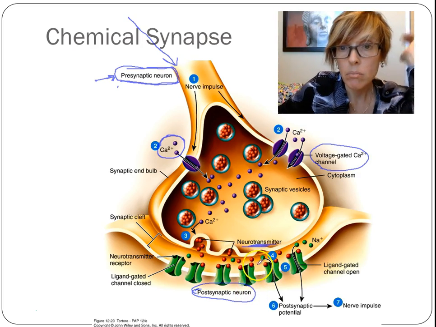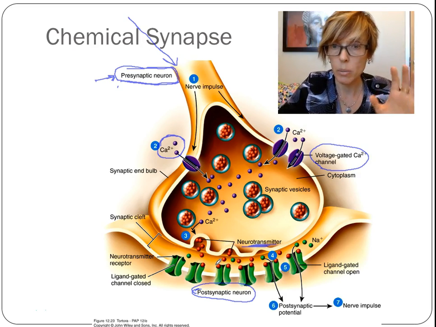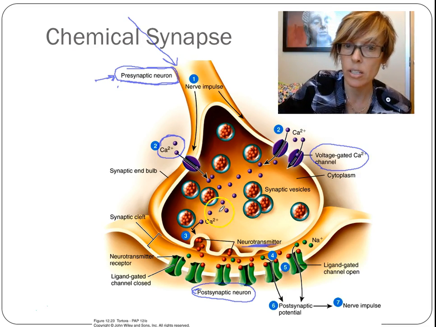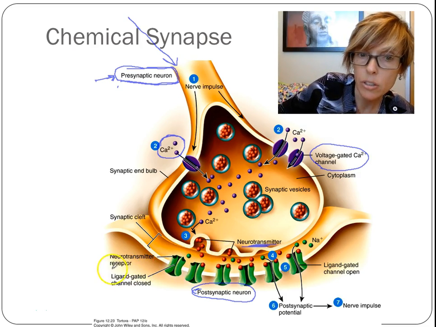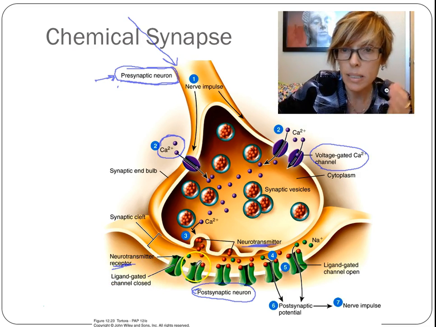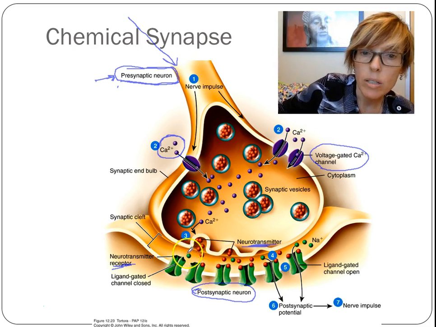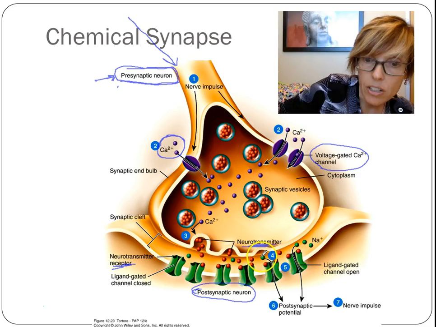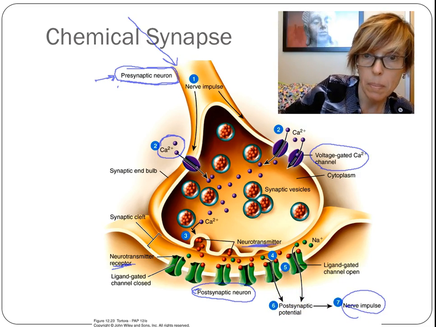Now that can be dopamine, that can be serotonin, that could be a whole bunch of different ones. We're not specifying right now, but that's basically how it functions. And once that neurotransmitter is released, it goes across that synaptic cleft. It binds to the receptor, presumably on the dendrite of another nerve cell, of that postsynaptic neuron. And then once it binds, these ion channels will open, and the nerve impulse continues.